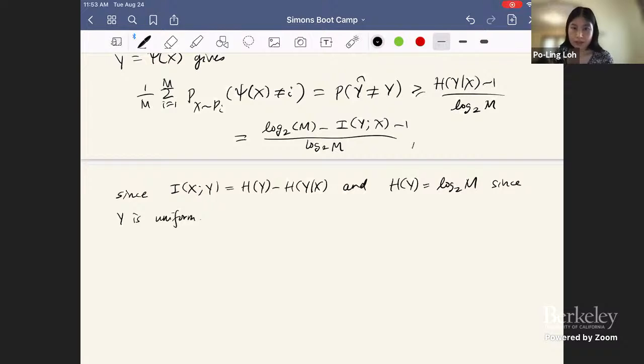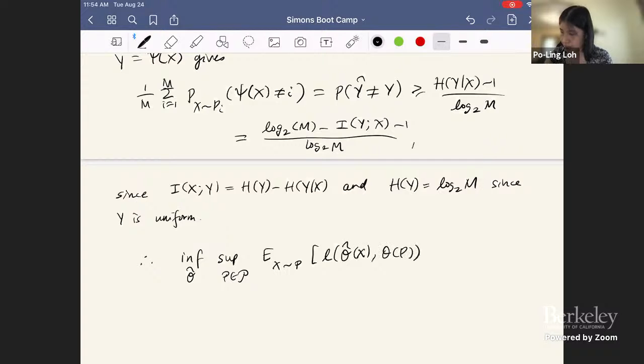Okay, so altogether, our main result is that the infimum over theta hat, supremum over p in script P, expectation x distributed as p, of L of theta hat of x, theta of p, is going to be bigger than or equal to. So actually there was an extra, oh, screen sharing ended. Let's fix this.